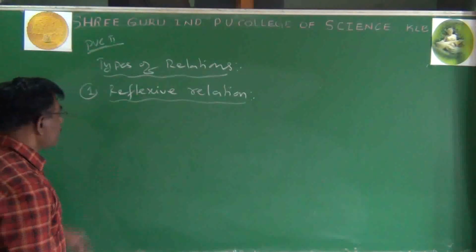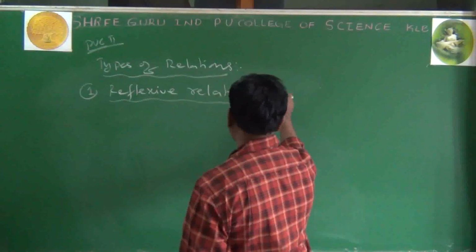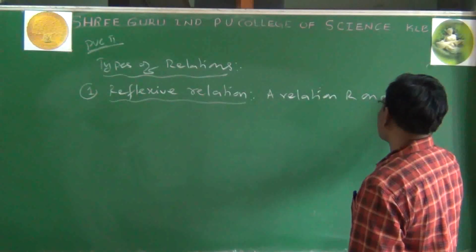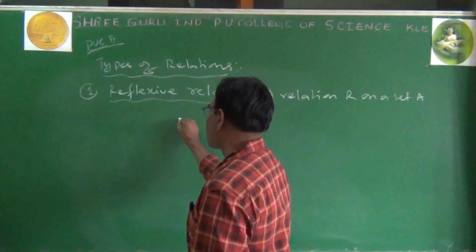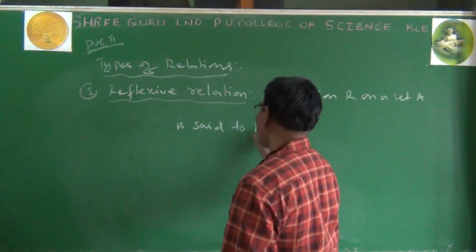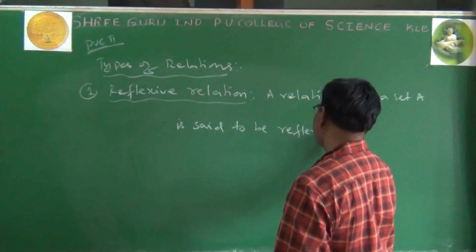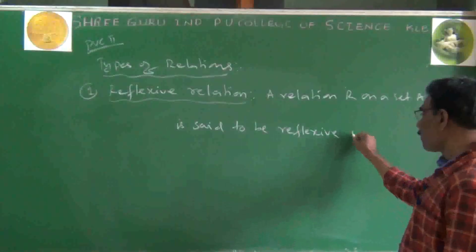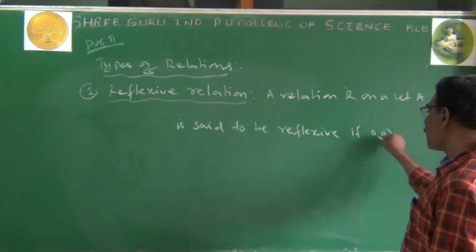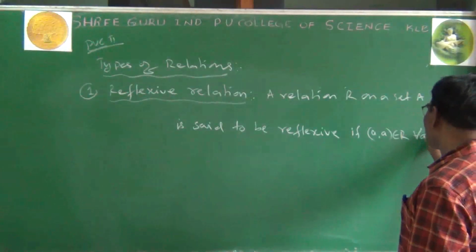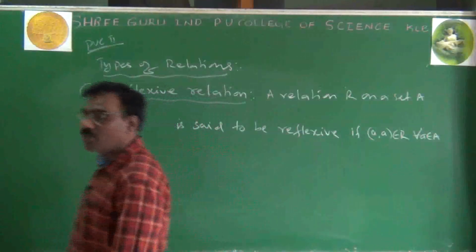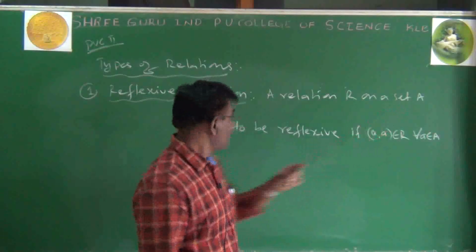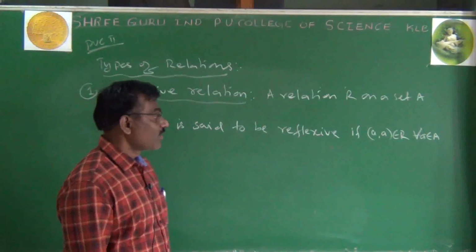A relation R on a set A is said to be reflexive if (a, a) belongs to R for all a belonging to A. Sometimes the question is to define reflexive relation: a relation R on a set A is said to be reflexive.